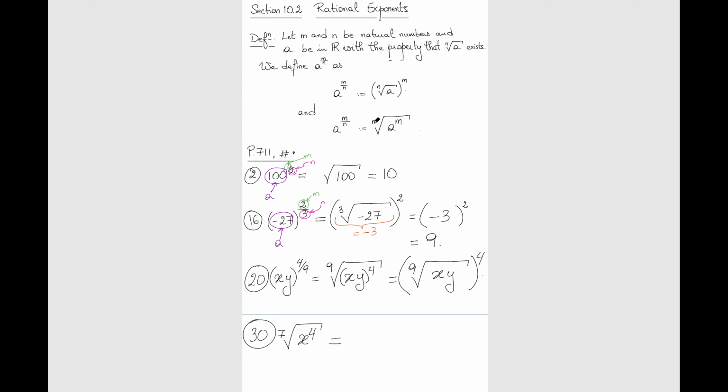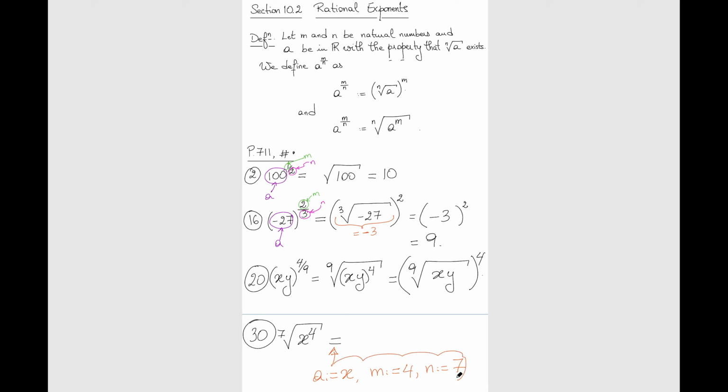One more time, let's label this. So they gave us the bottom one. a is x, m is 4, and n is 7.